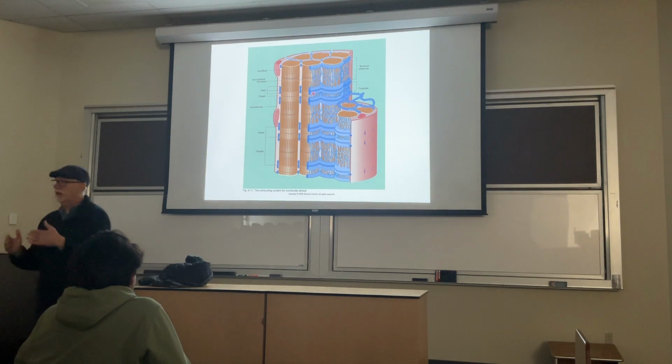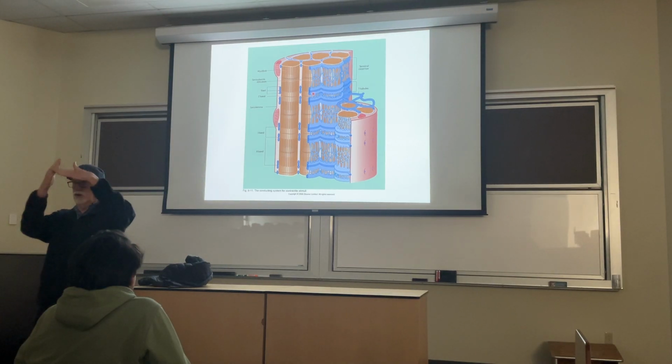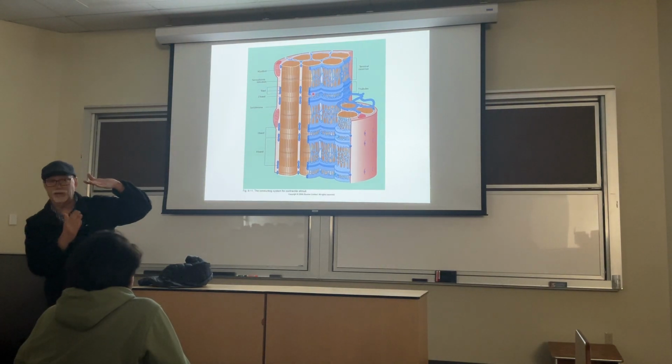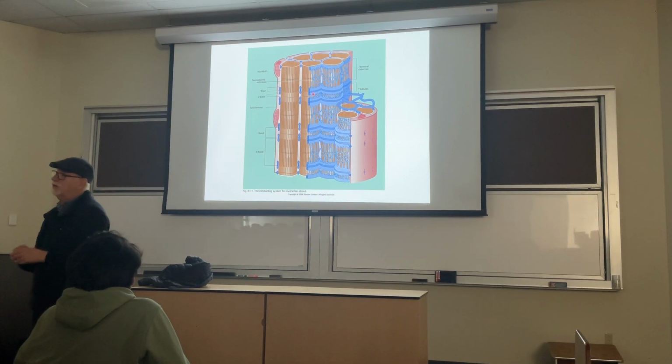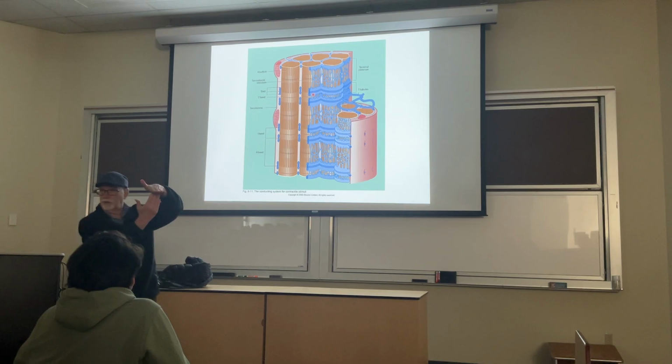Transverse tubules are like a membrane that goes inside of the cell. So here's the sarcolemma, and here's a transverse tubule. They're called transverse because they're running transverse or perpendicular to the sarcolemma.